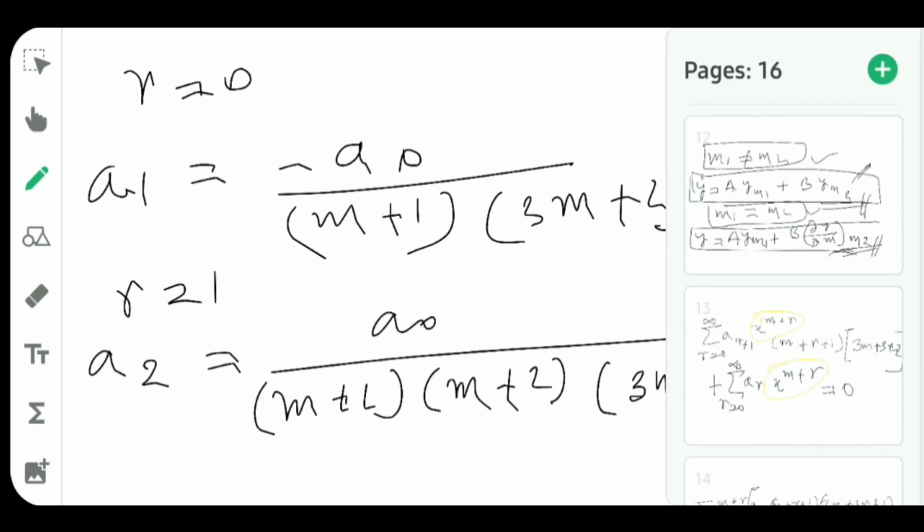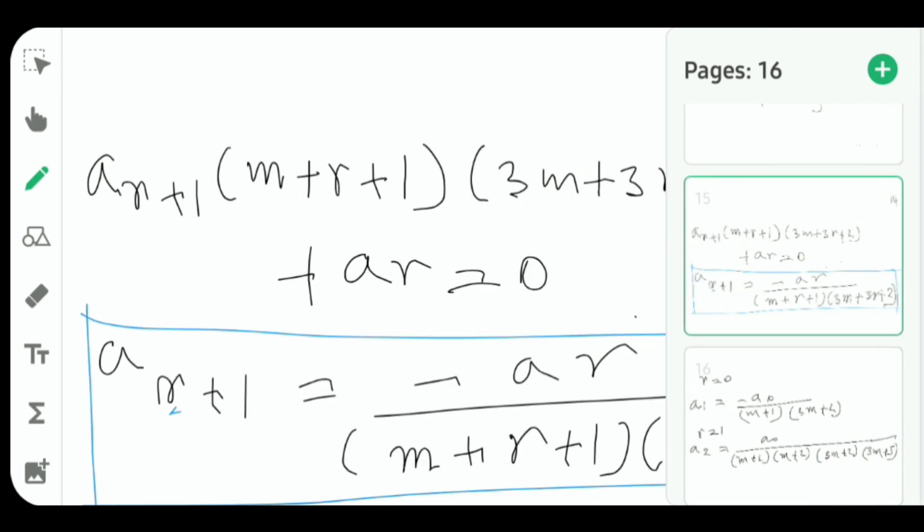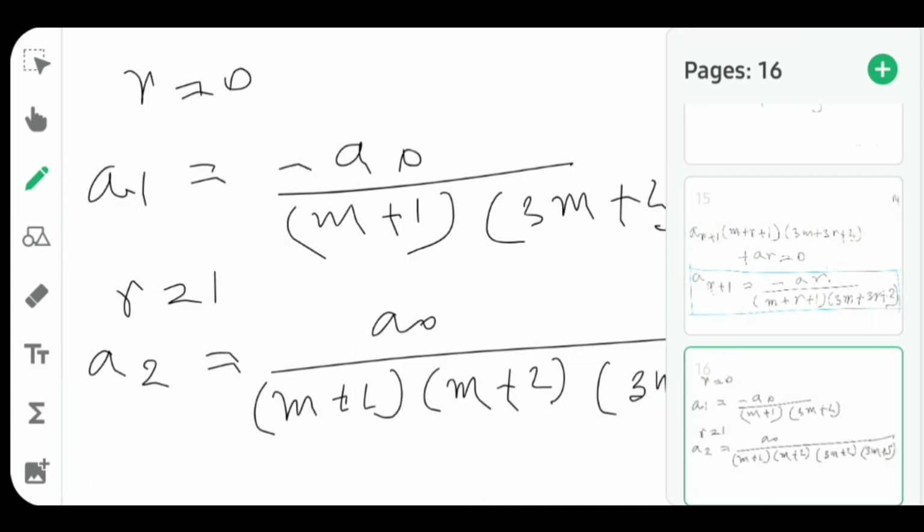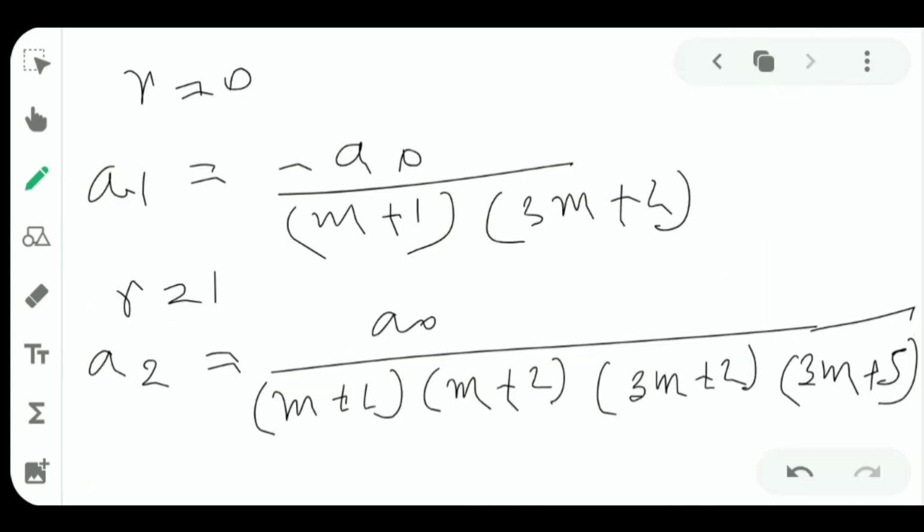If you put r equals 1, then a2 will be equal to minus a1, and a1 will be equal to a naught. We put this term also in a2.